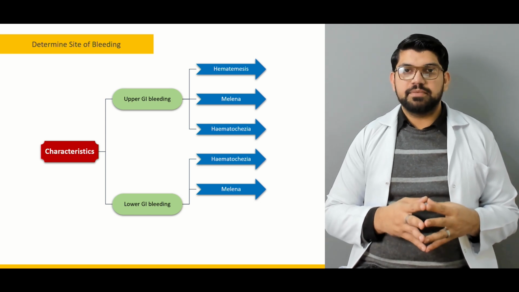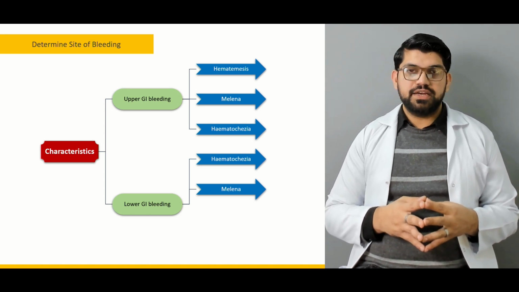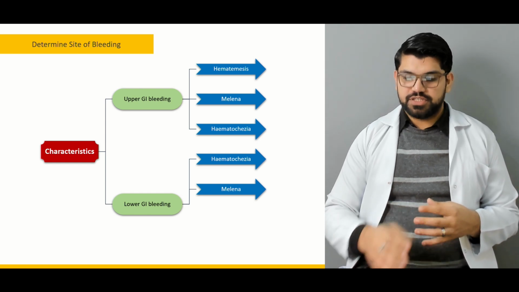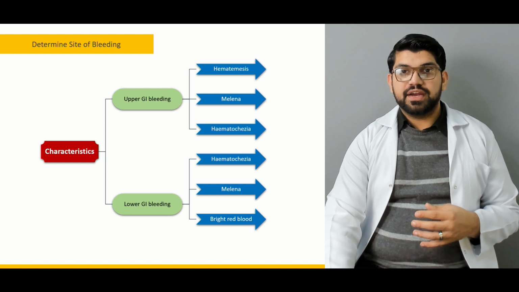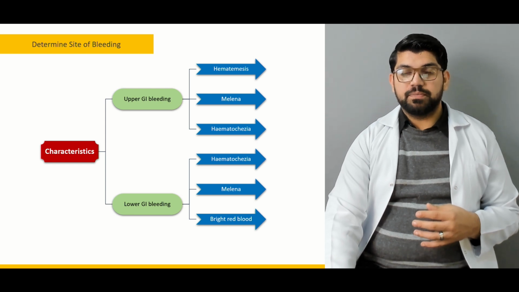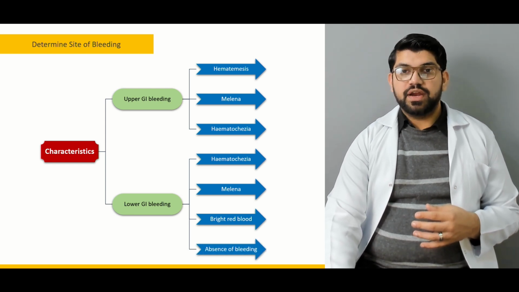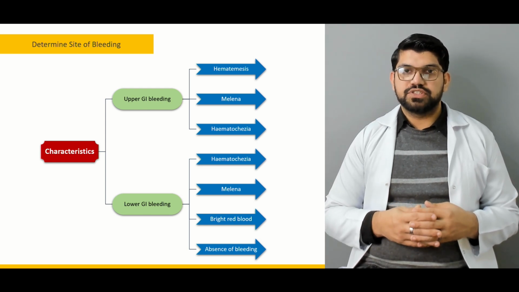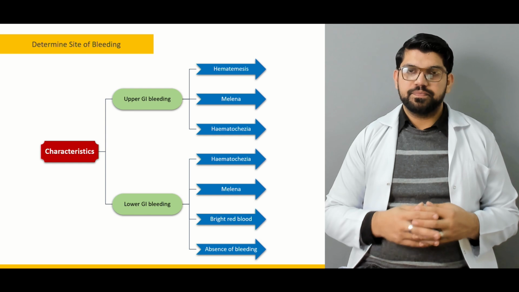Melena can at times present with lower GI bleed, but melena is more common in patients with upper GI bleed. Bright red blood stool, absence of bleeding. These are all the characteristics of upper GI and lower GI bleed.